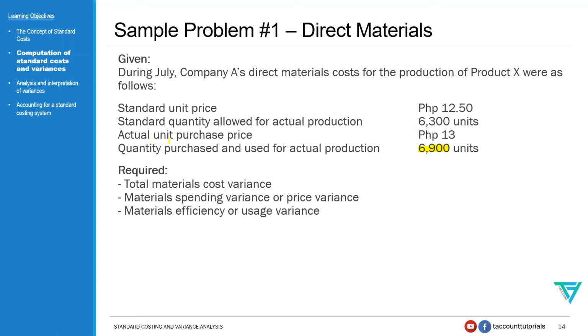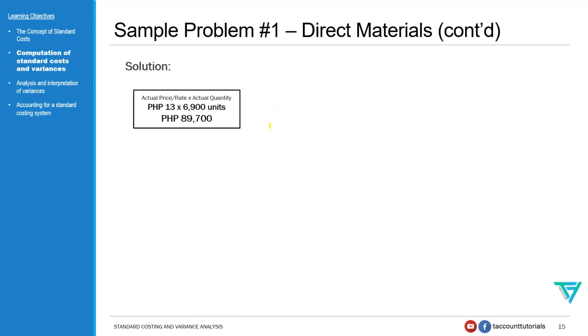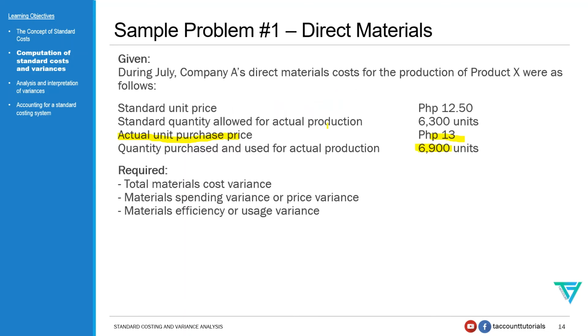And then next we proceed to get the standard price multiplied by the actual quantity. So the actual quantity stays the same, but we change the standard price. So the standard price is 12.5 as given in the problem.